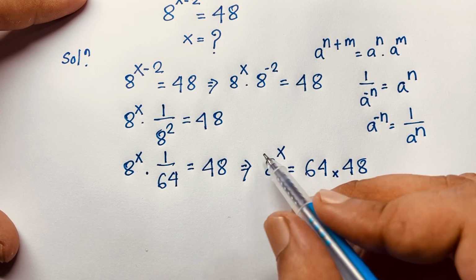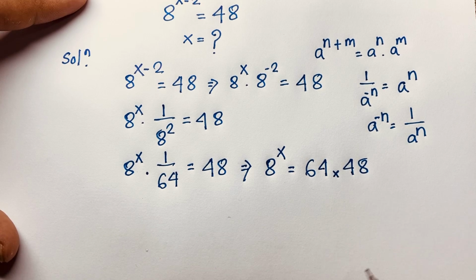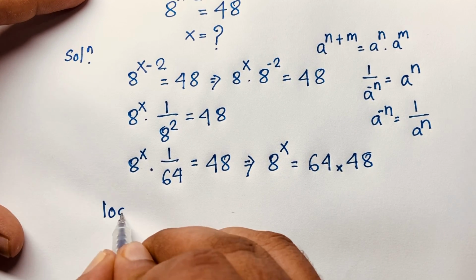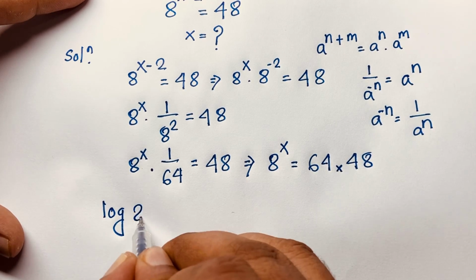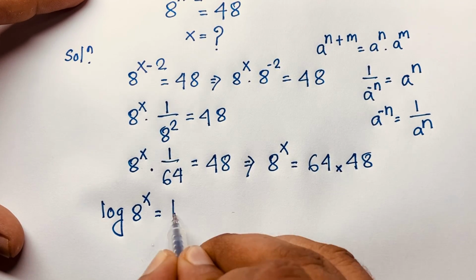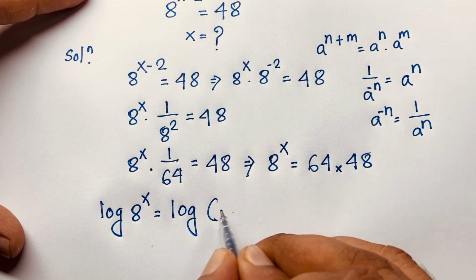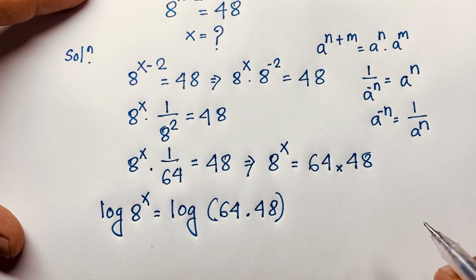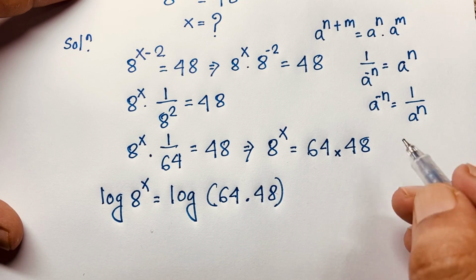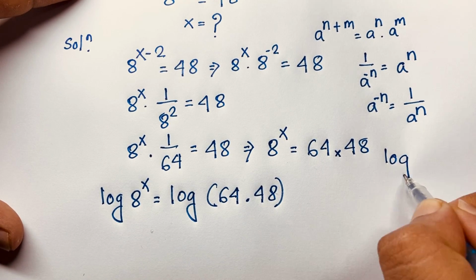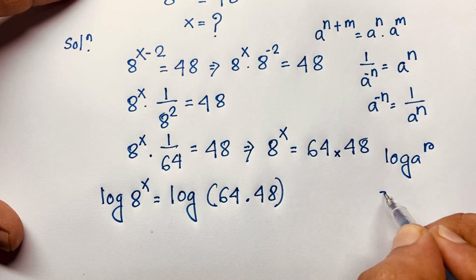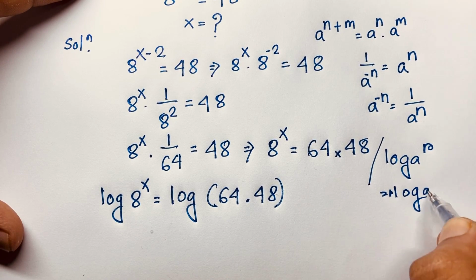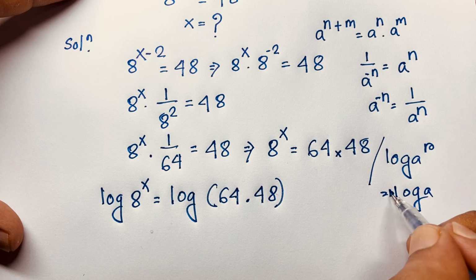Our target. So I take the natural log of both sides: natural log of 8 to the power x is equal to log of 64 times 48. Now, we know that log a to the power r is equal to r log a. This exponent moves in front.